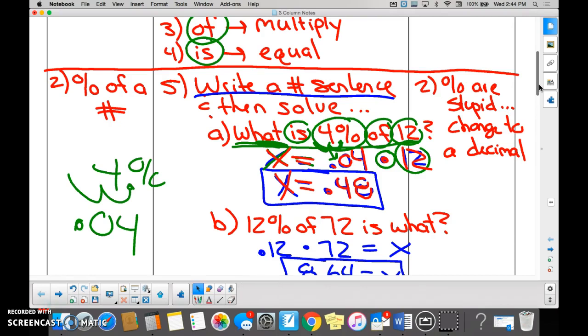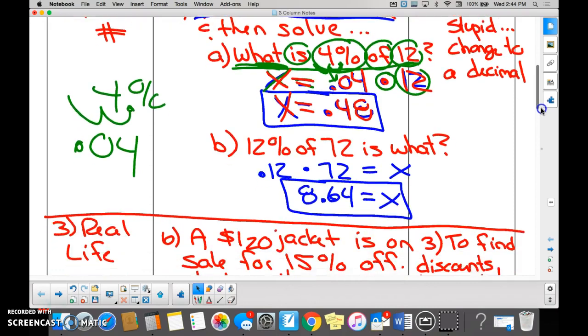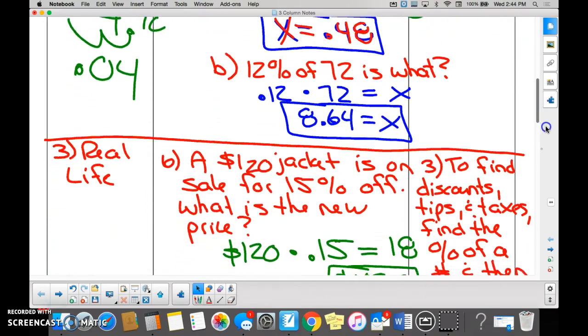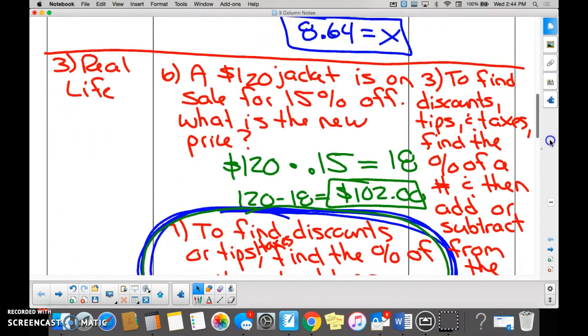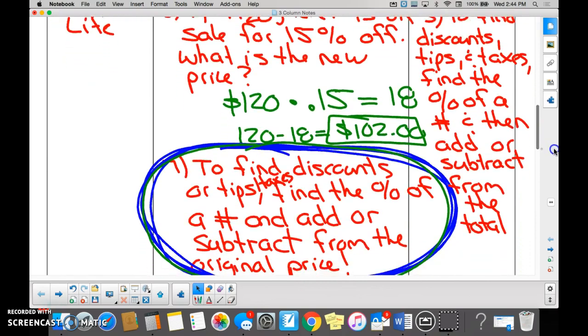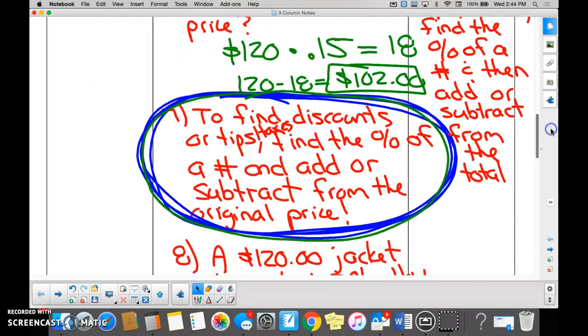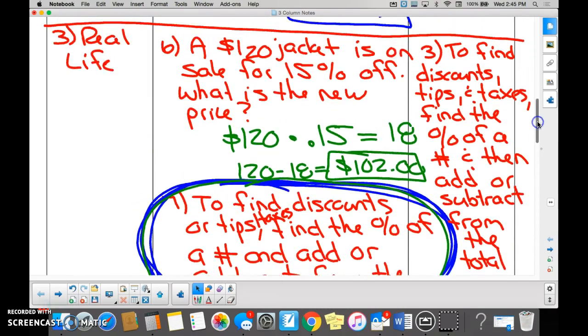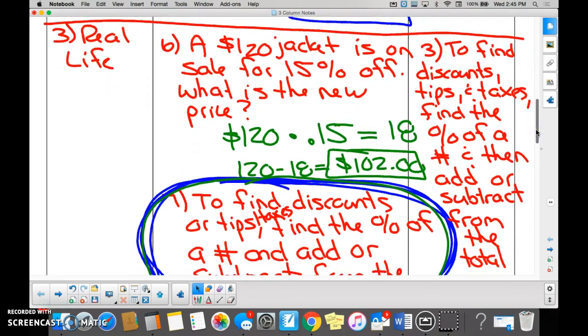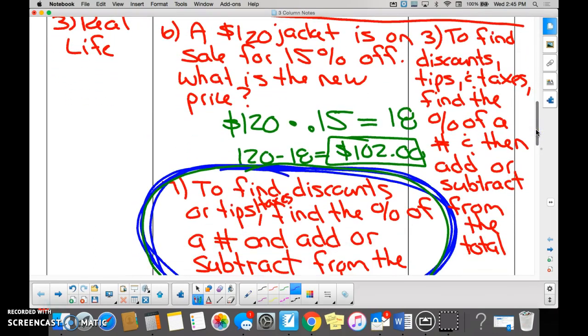Okay? I'm going to skip B. Same problem. Real life examples. I'm going to skip to number 7. Actually, I'm going to look at our cheat sheet. It's easier to read. You have to know this. On the count of 3, we're going to read this together. 1, 2, 3.